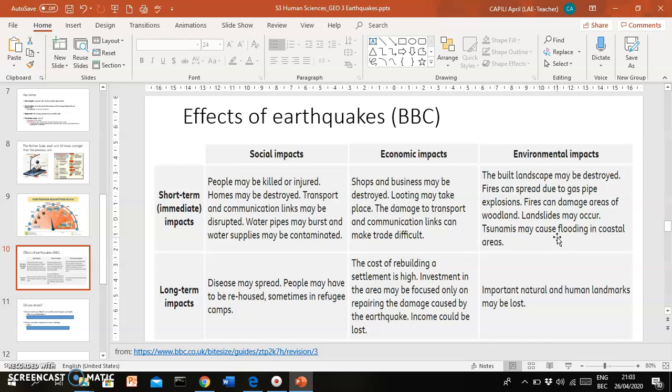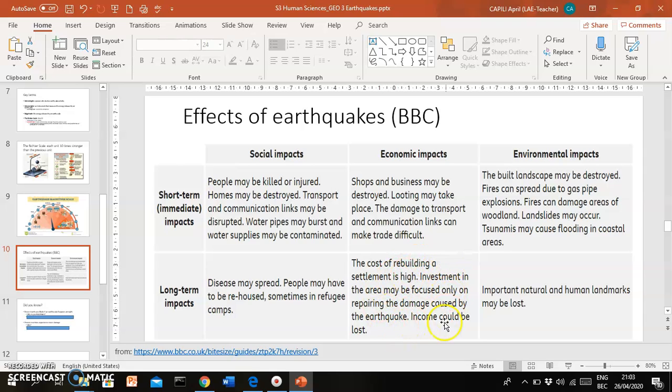Okay, those places that are near the sea or the ocean. Long-term impacts. So, for instance, there can be the spread of disease. You might have to move people. Some people might have to stay in a refugee camp.